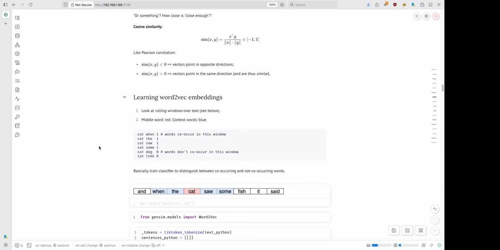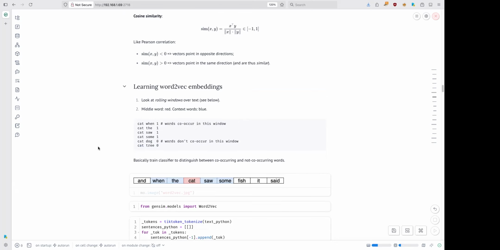So we build positive examples of tokens that do co-occur within the window and negative examples, pairs of tokens that do not co-occur. And then you literally train a classifier like a neural network to distinguish between co-occurring and not co-occurring tokens.